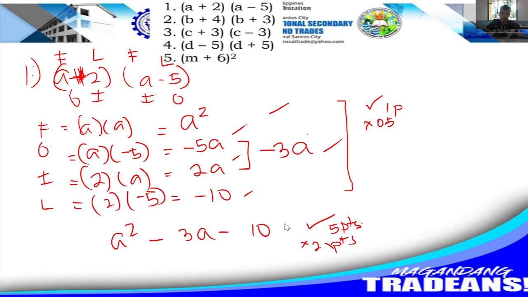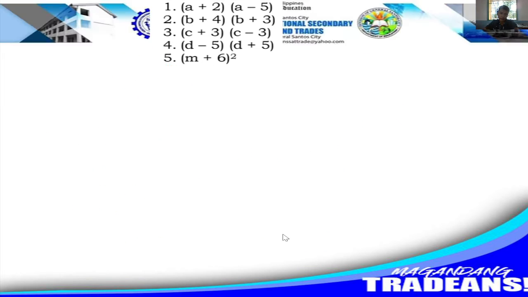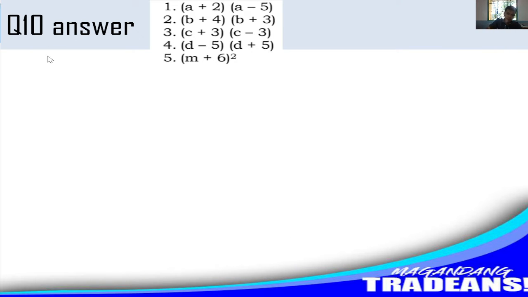Okay, let us continue. Let's answer number 2. So, for number 2, we have the given the quantity b plus 4 times b plus 3. And apply the FOIL method.